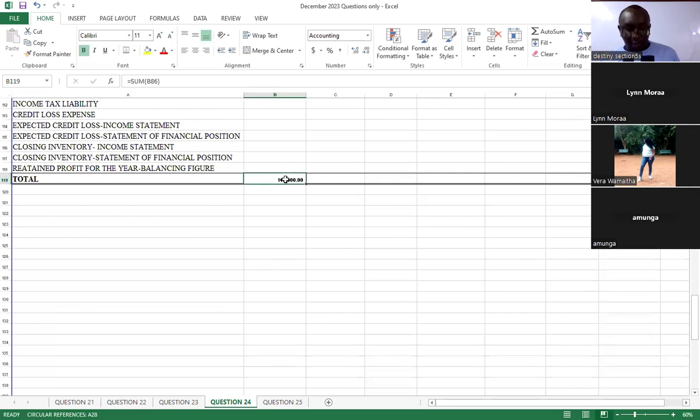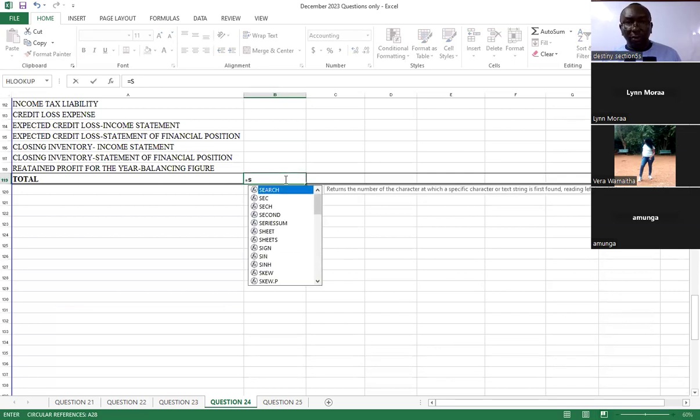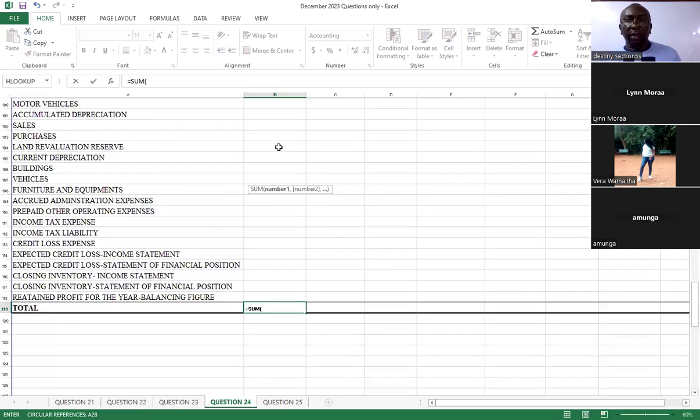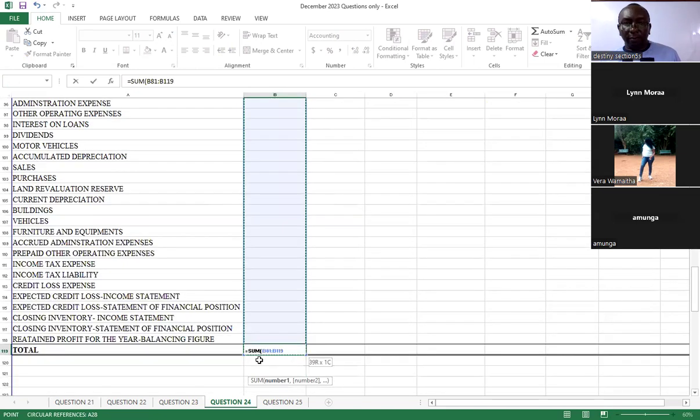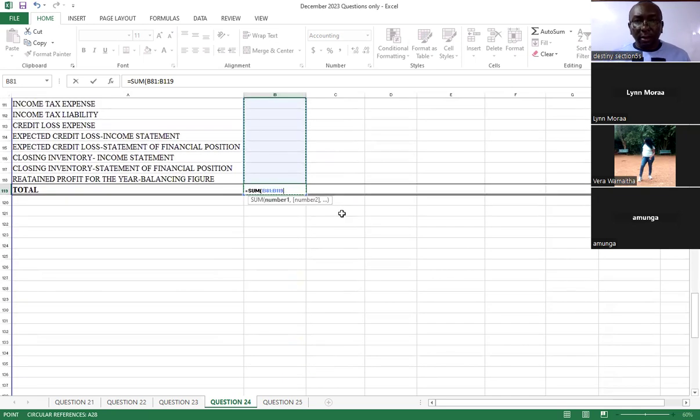So it is equal to the sum. Okay. So I want to pick from here all the way. Close the brackets, enter.